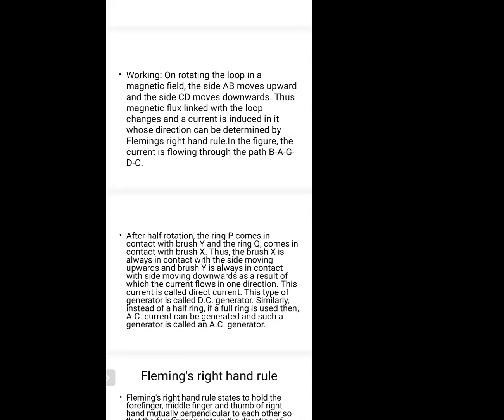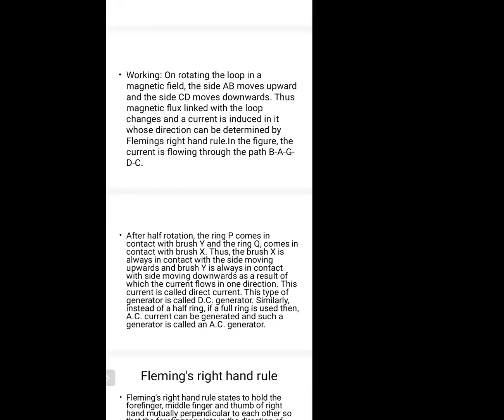Last class we discussed how mechanical energy is supplied for a generator. It could be a turbine from water from a height, or wind energy, or your muscular energy, or even diesel fuel. That is all mechanical energy that rotates the loop.